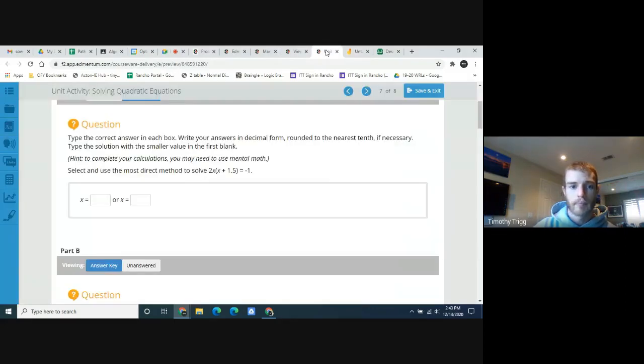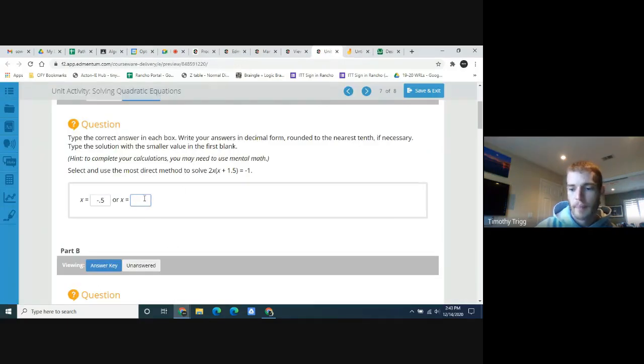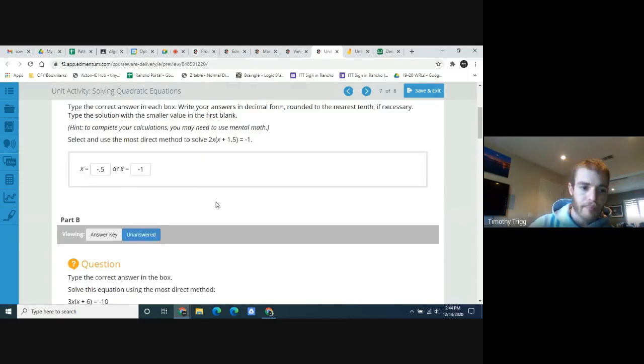And there you go. So negative 0.5 was one of them, and the other one was negative 1. Just like that. So this one was factorable. Once you distribute everything and move everything to one side, you could factor that one easily enough.